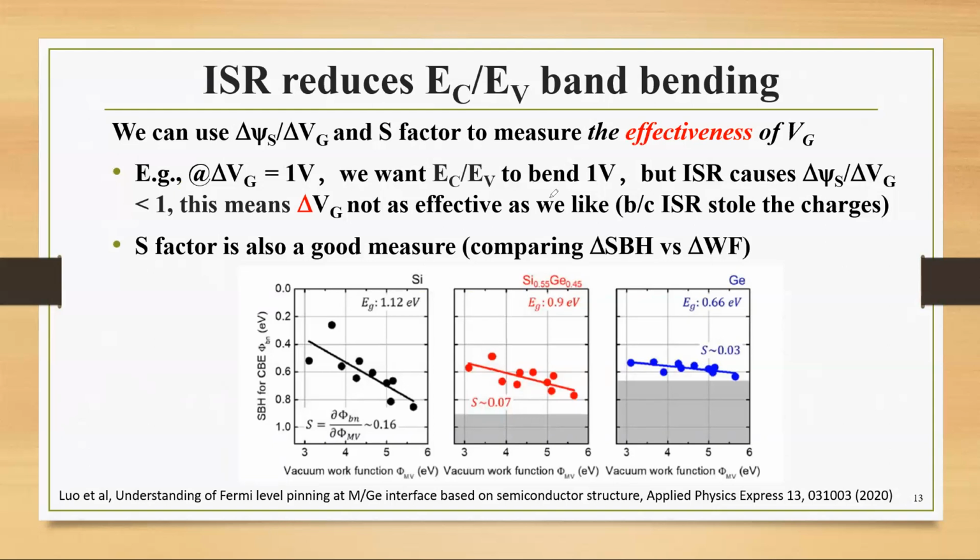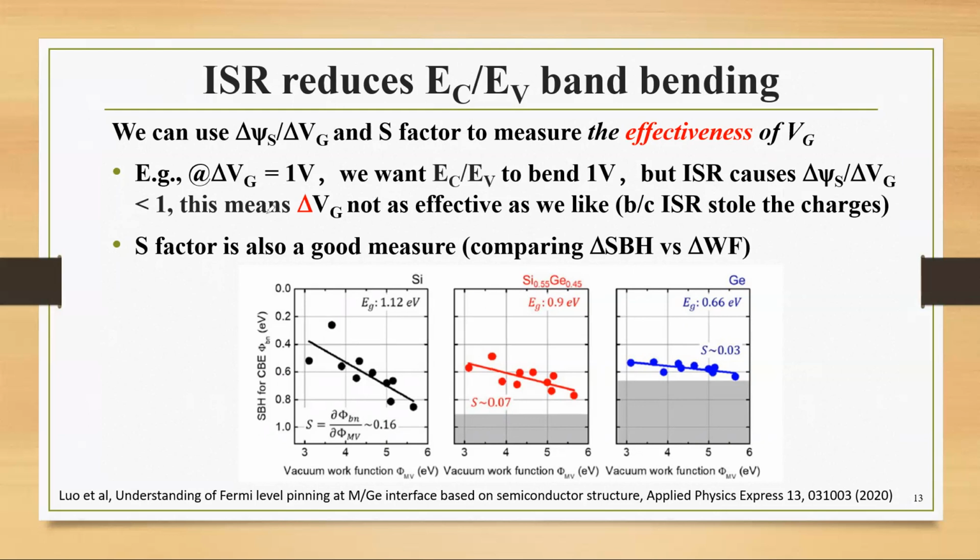We don't lose energy while we are applying voltage all the way to the band edge. But the ISR says, no, I'm not going to let you do that, because I have a family to feed. I have defects, you've got to pay me. In that way, the charge has been stolen.